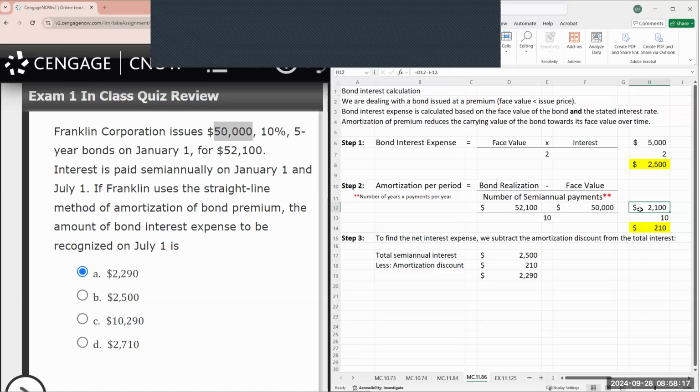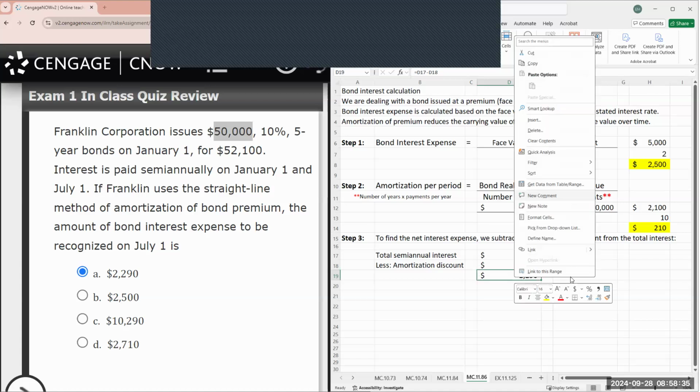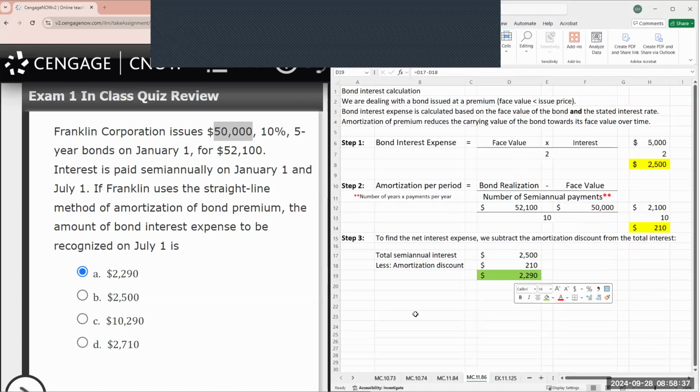That gives us a difference of 2,100. We divide it by 10, which is the 5 years multiplied by the 2 payments per year. That gave us an amortization per period of $210. So we subtracted the amortization discount of $210 from the semi-annual interest, and this $2,290 represents the bond interest expense.